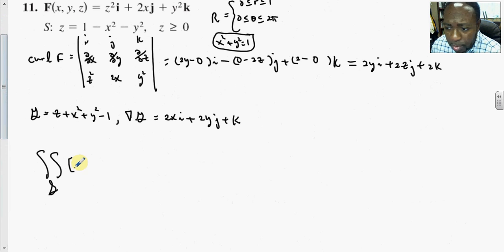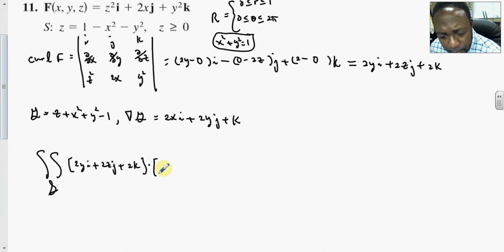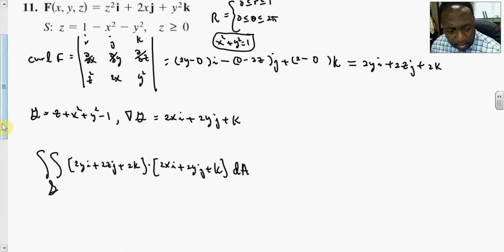The curl came out to be 2y i plus 2z j plus 2 k, dot product with the gradient 2x i plus 2y j plus k. This is dA.